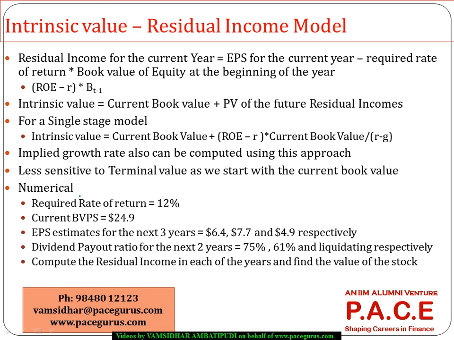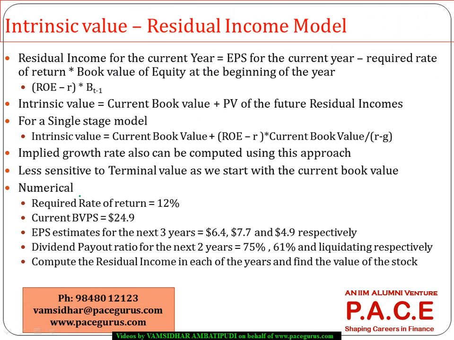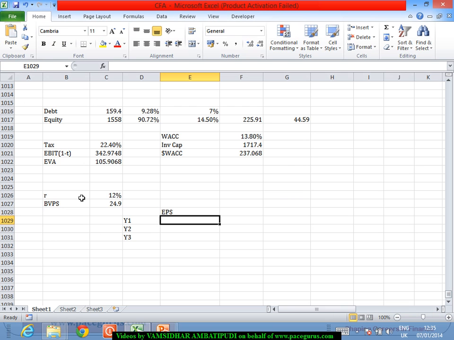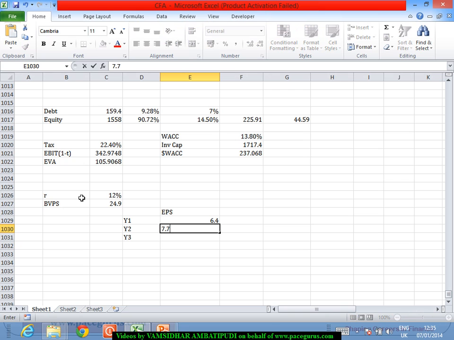EPS estimate for the next 3 years: year 1, year 2, year 3. The EPS estimates for each of the years: EPS $6.4, $7.7 and $4.9. These are the EPS estimates.